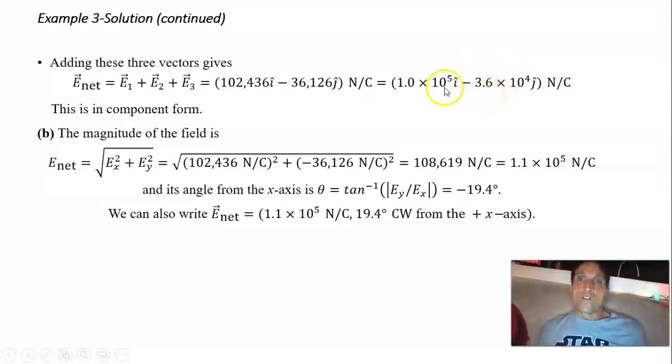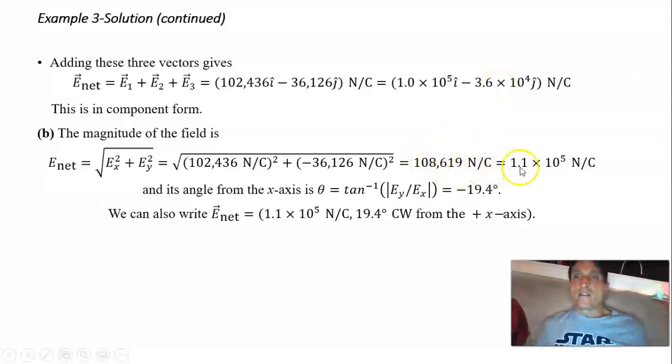Okay. Now once we know the components, we can use Pythagorean's theorem to get the magnitude of the net field, right? It's Ex squared plus Ey squared to the 1/2. So we square each of these, and we take the square root, and we get that the magnitude is 1.1 times 10 to the 5 newtons per coulomb. Okay.